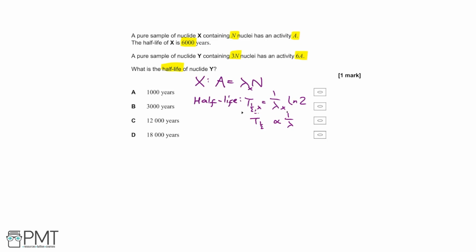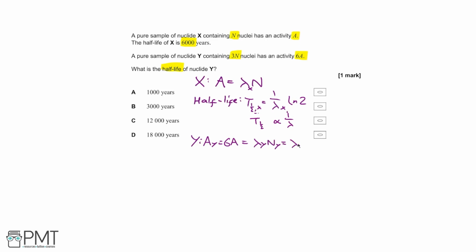Okay, so now we can do the same thing for y to figure out what the decay constant of y should be. Specifically, we can write that the activity A of y, which is equal to 6 times the activity of x, is equal to lambda subscript y multiplied by ny.